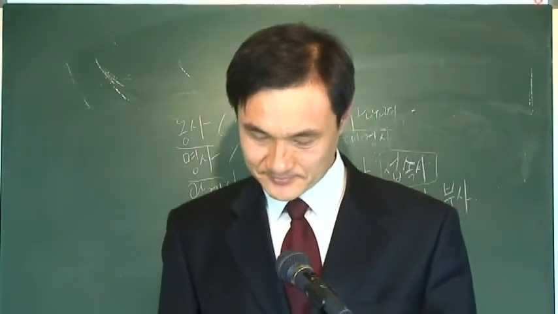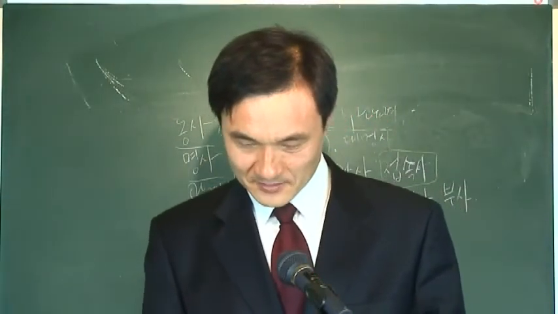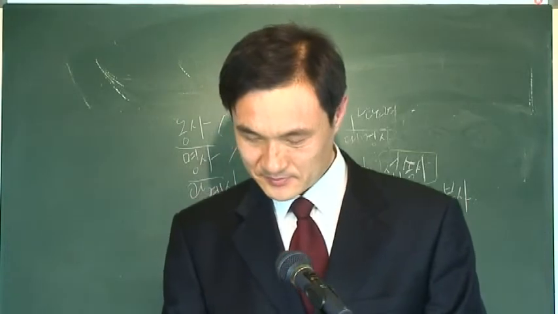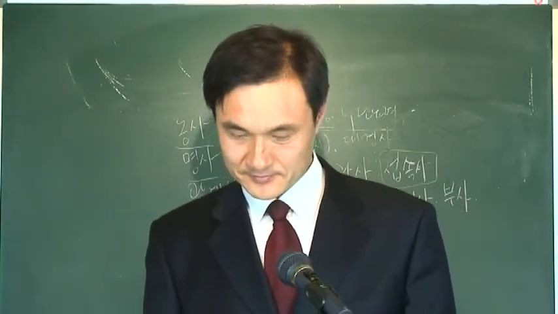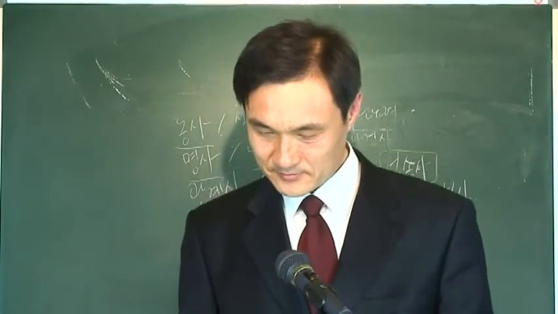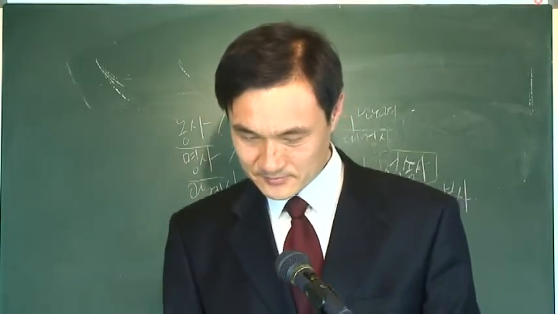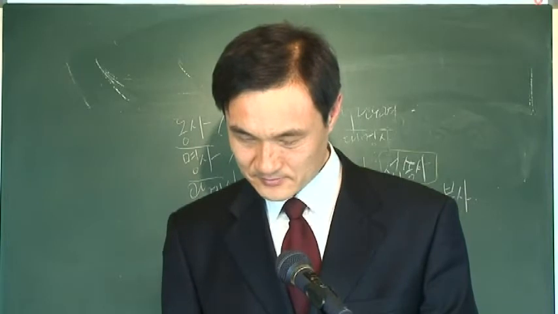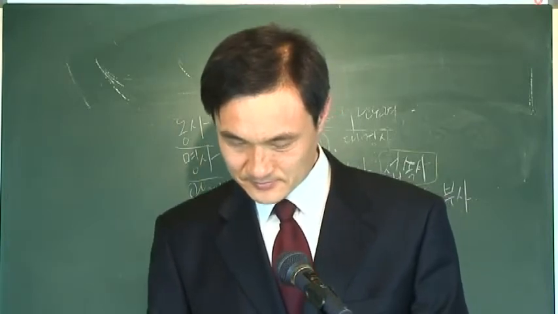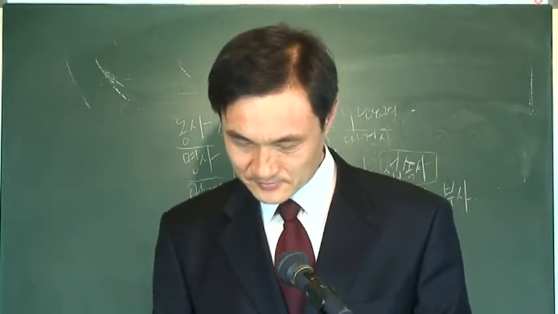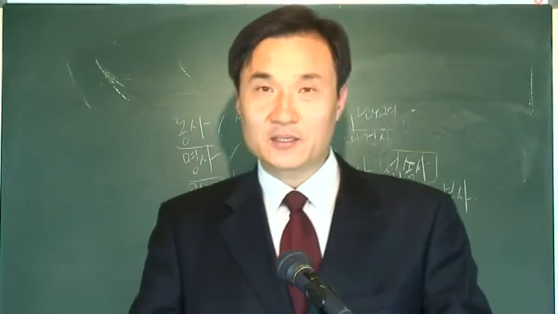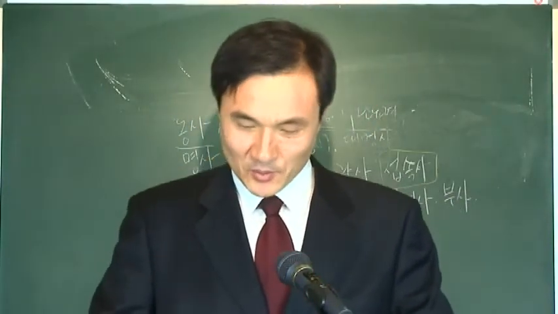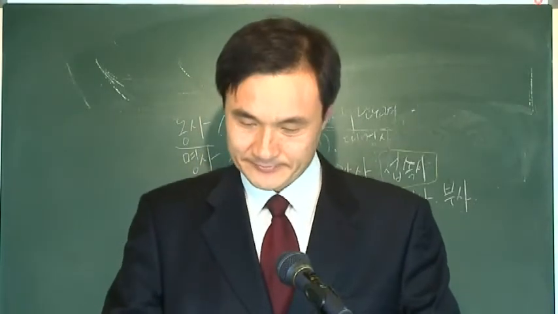Then we must be able to determine whether a noun is a noun, an adjective, or a pronoun. We must also be able to identify prepositions, articles, conjunctions, relative pronouns, infinitives, and adverbs of relative particles.